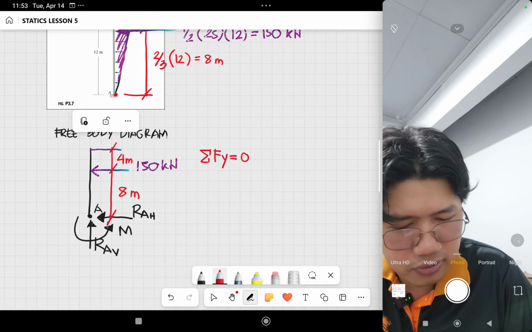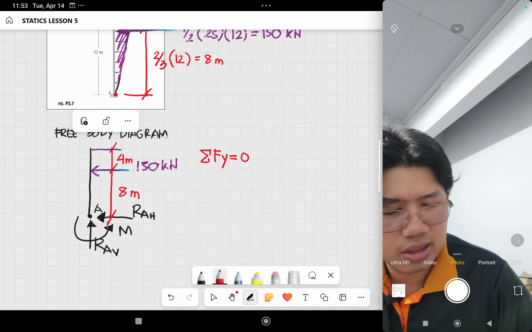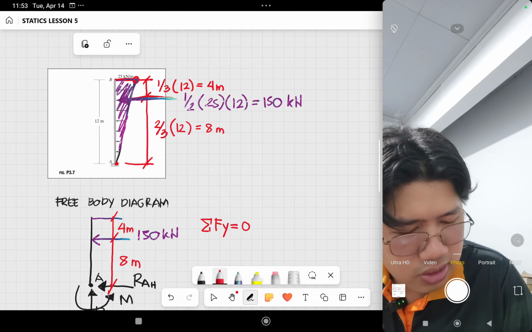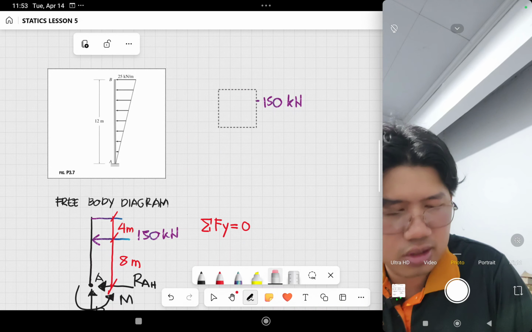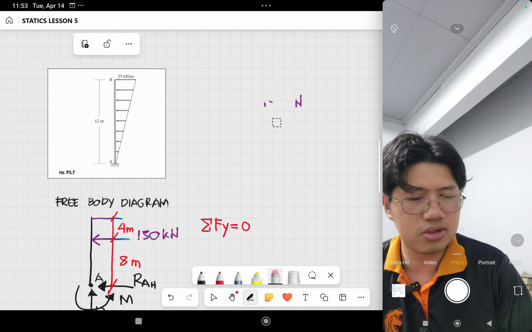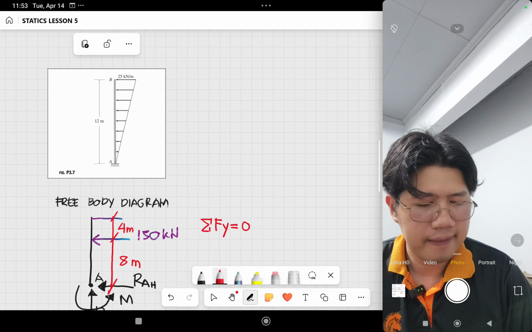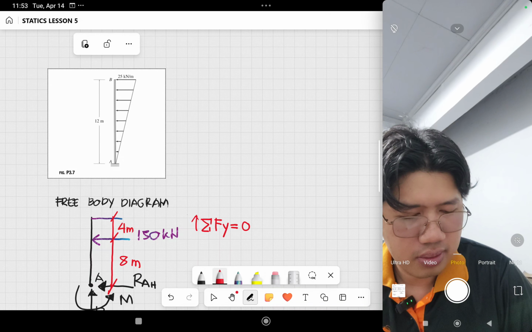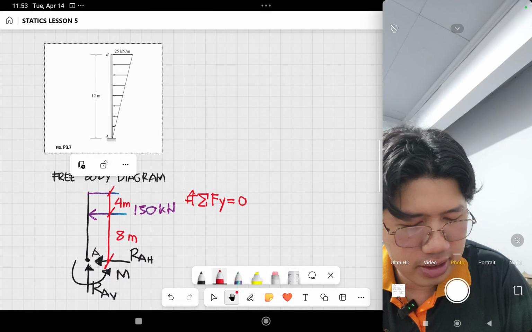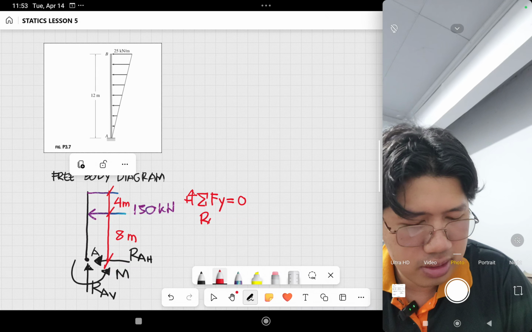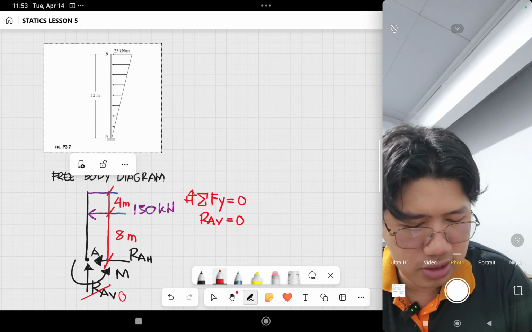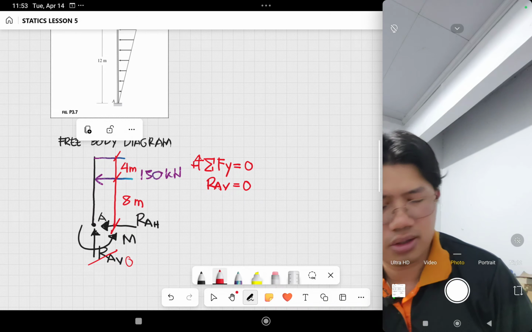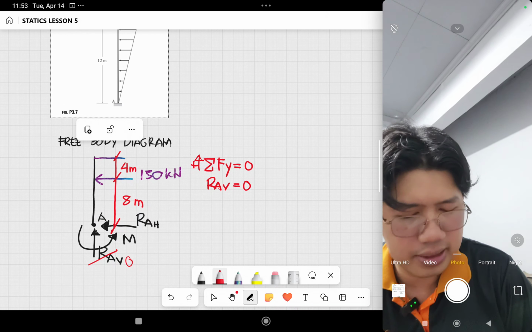Pag nag-summation Fy ka, since wala ka naman nakitang ibang vertical force sa ating system, puro siya horizontal, on the lateral direction, we can easily say that our AV is 0. So we have 0 reaction force on the vertical component at A.